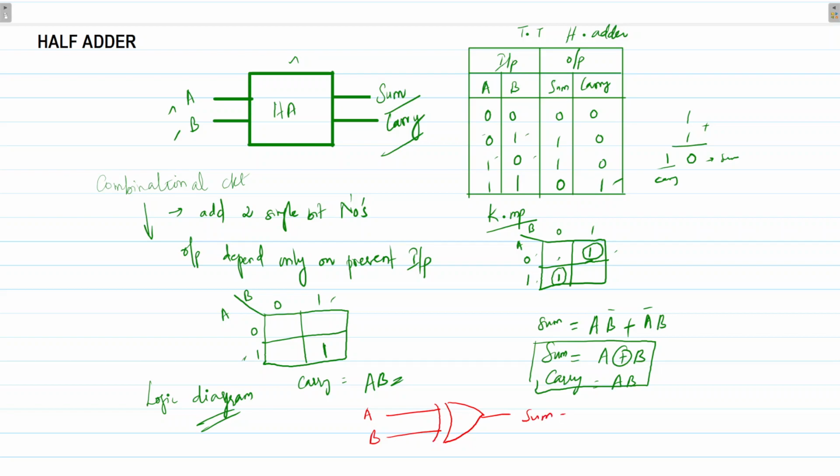This is sum, that is A XOR B. And for carry it is A and B. So we'll take A and B. We'll use an AND gate. So the carry is A B. So this is all about half adder circuit.